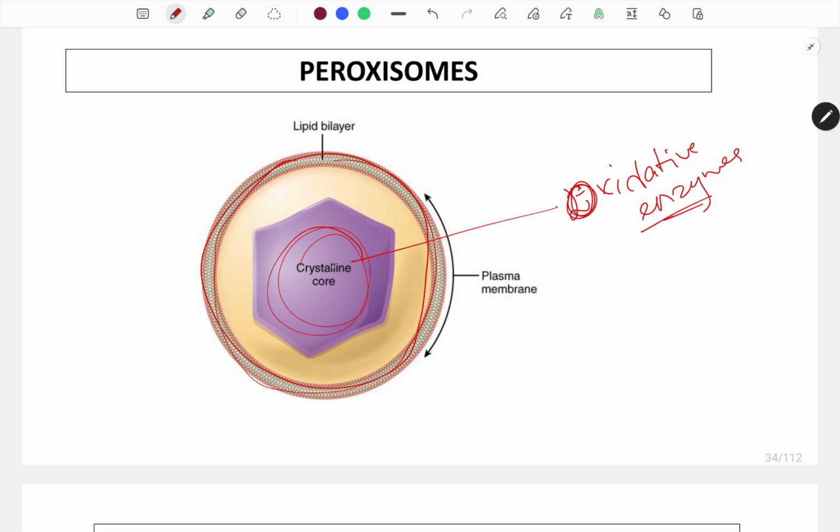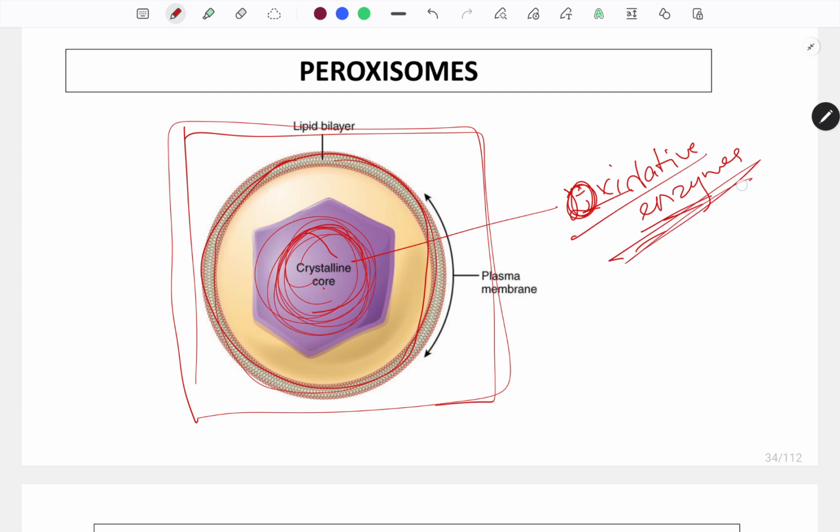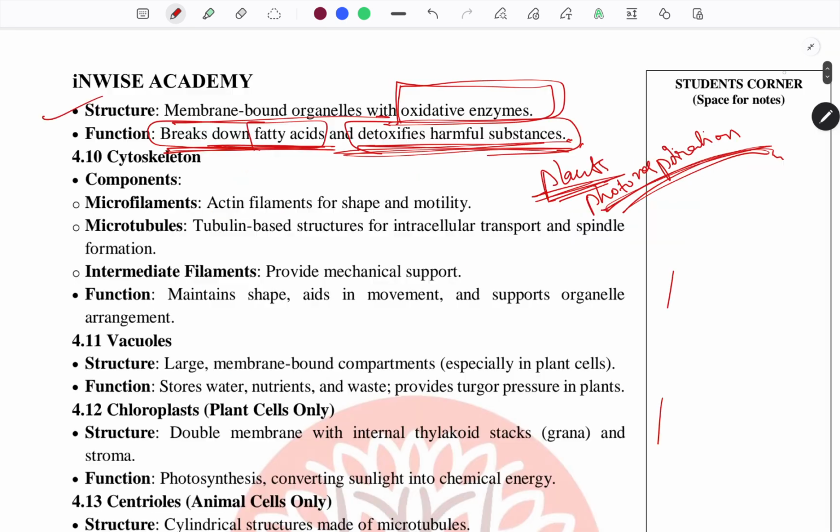It is a place where oxidative enzymes are present. That is why, if you observe this organelle under an electron microscope, you will see this crystalline core, which is nothing but oxidative enzymes, surrounded by a single membrane.